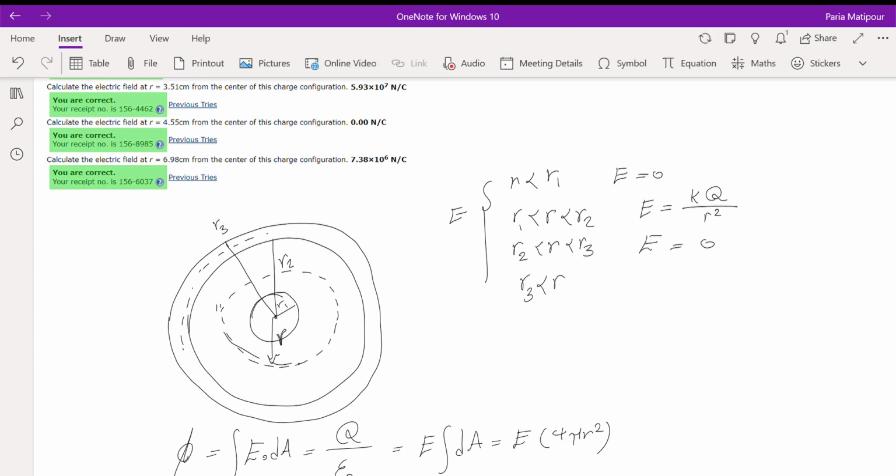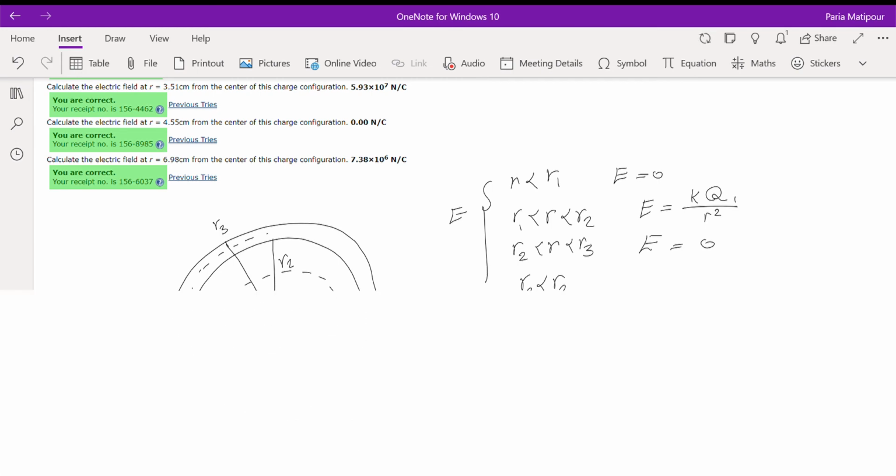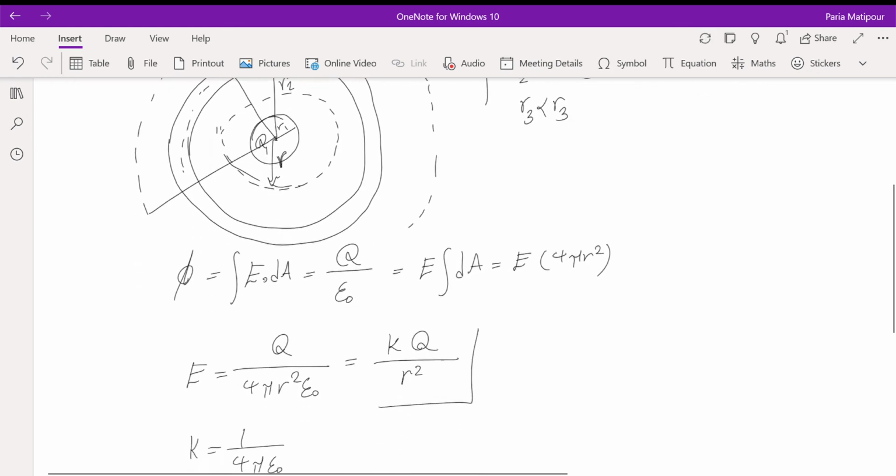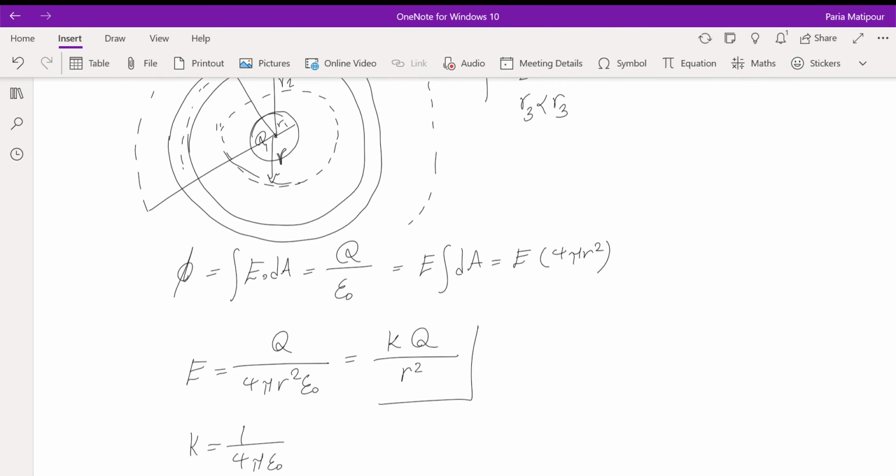bigger than R3. In that case, again, the Q that we need to find is equal to this Q, which is Q1. Let me just write Q1 here. And this Q, which is Q2. So we're going to have a sphere that is bigger than R3. I'm just going to move these.